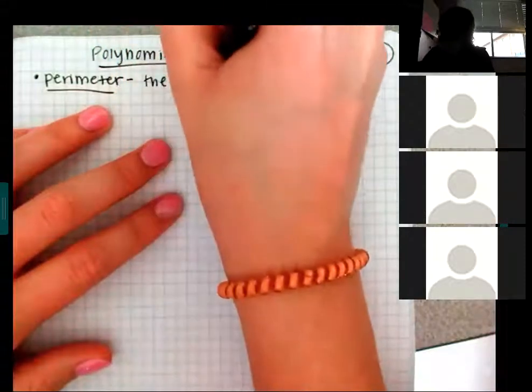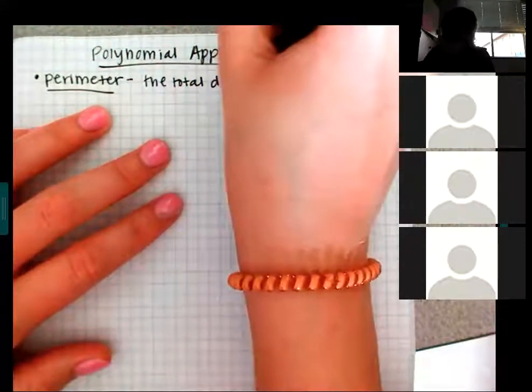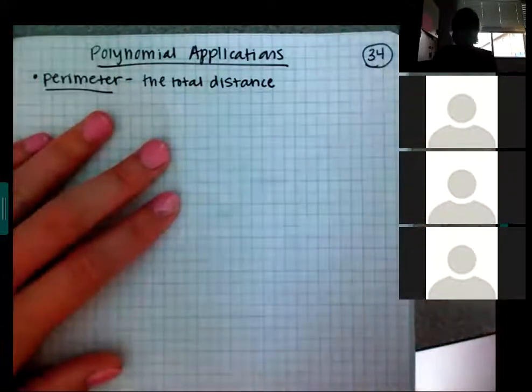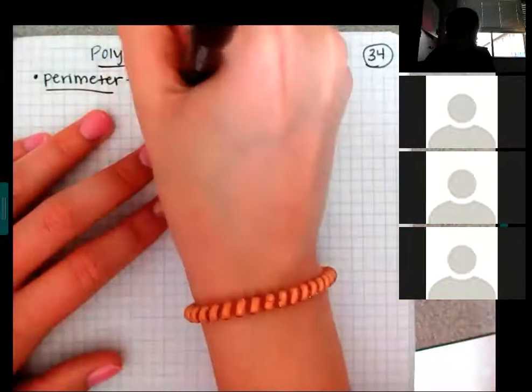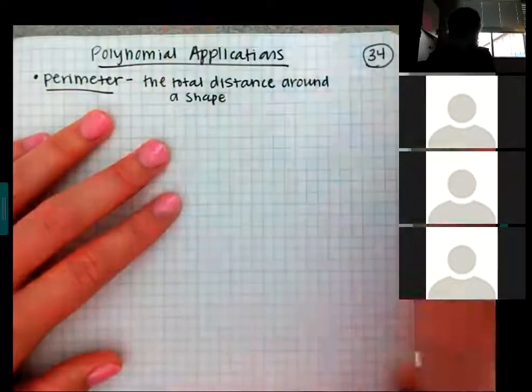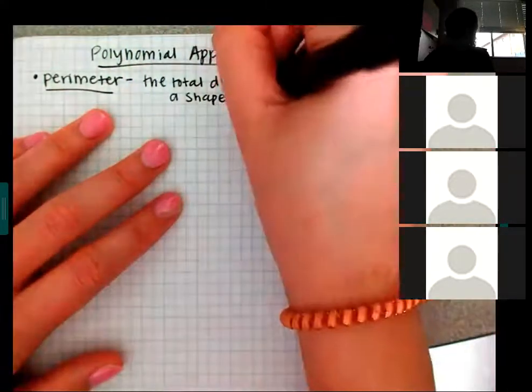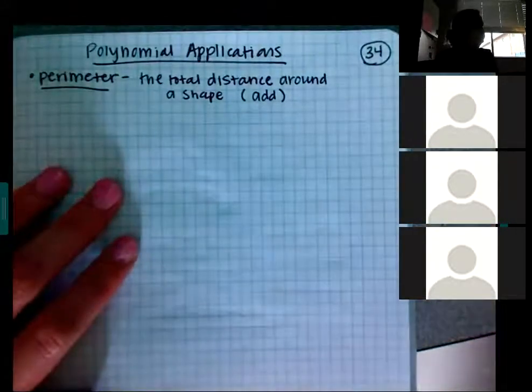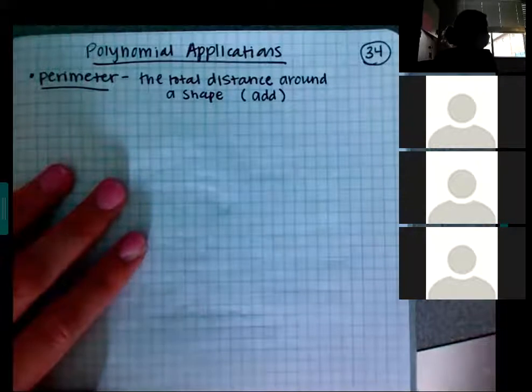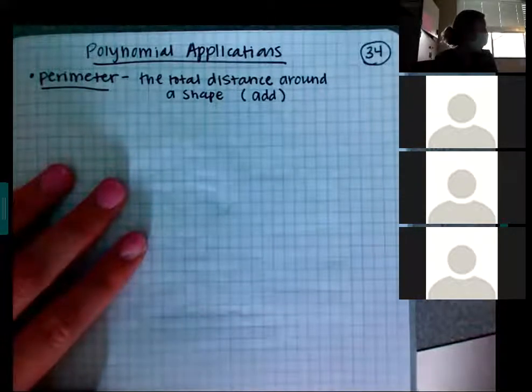Oh, I love area. Stop it. It's going to be easy. Everybody look. It's the total distance around a shape, which means that word total means you're going to add, right? I hope y'all know that. I taught you that in Unit 1. The word total means add. Don't y'all embarrass me.